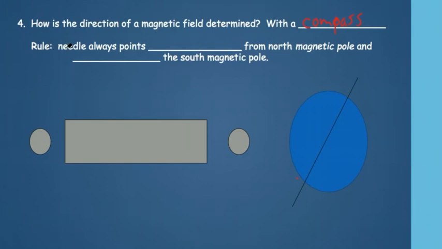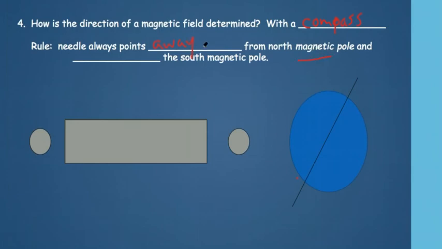So the rule of a compass, and a compass is nothing more than a magnetized needle that's able to float and rotate about an axis, is that the magnetic needle always points away from the north magnetic pole.